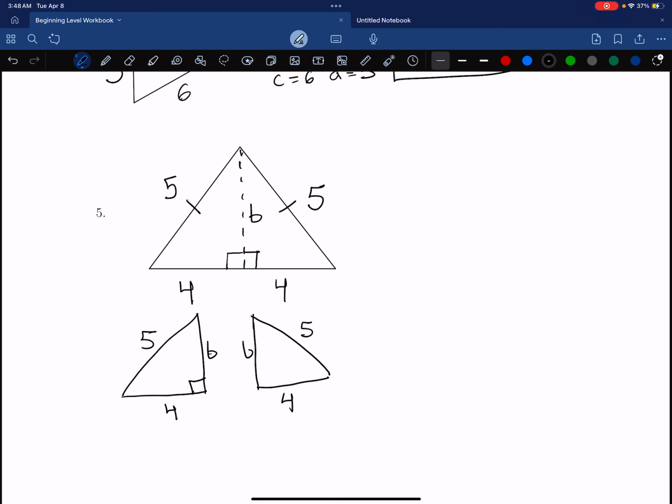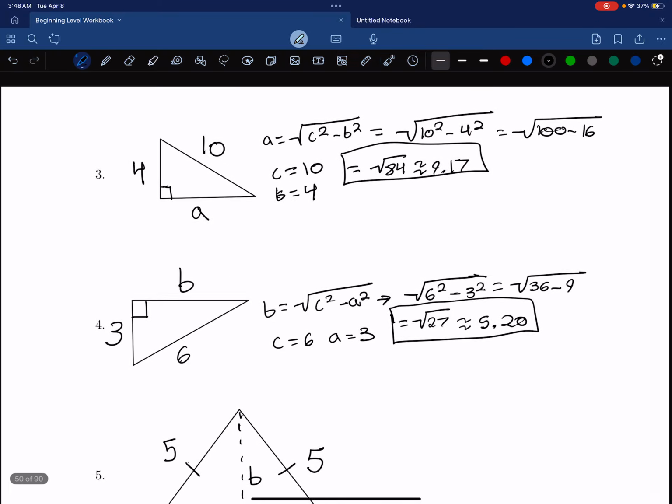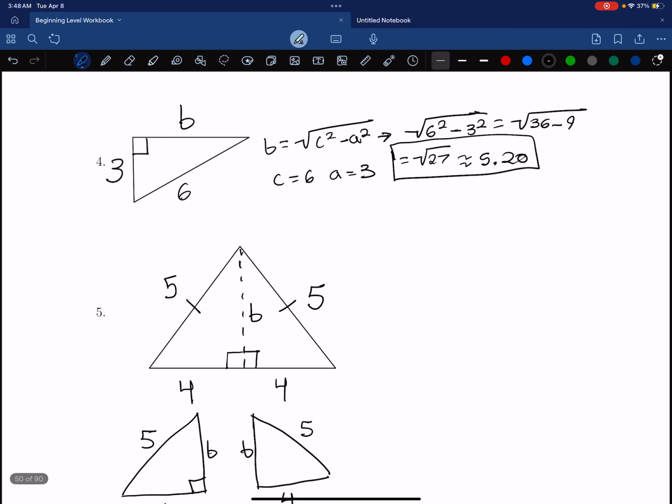And we're solving for B. And one thing you'll notice is that you're like, wait a minute, both of these are the same exact triangles. And they are. They're just two of the same exact triangles, just smushed together. That's all it is. So all we're going to do here is evaluate for B. And as we've seen above, B equals the square root of C squared minus A squared.